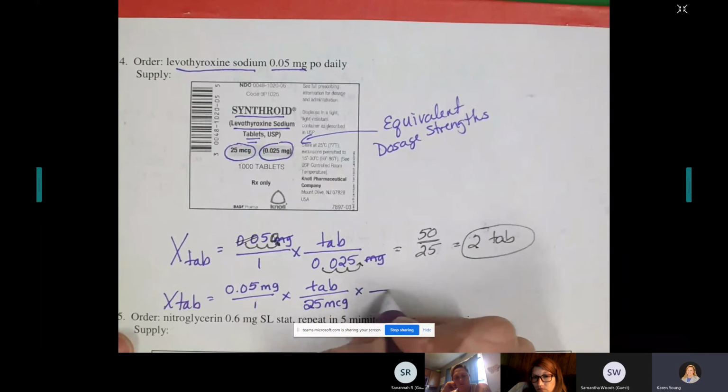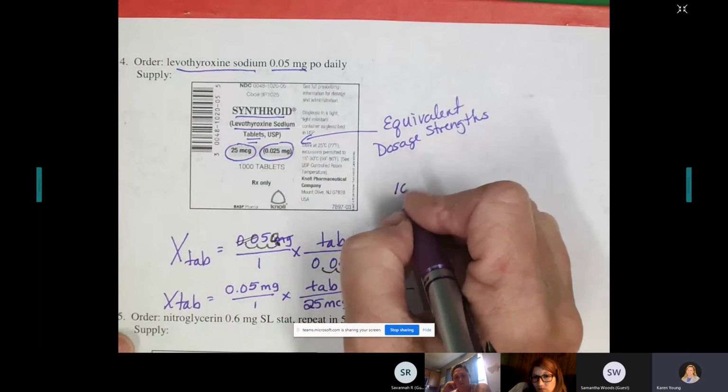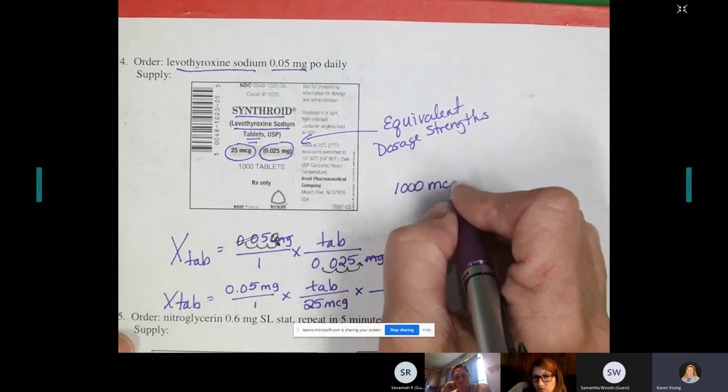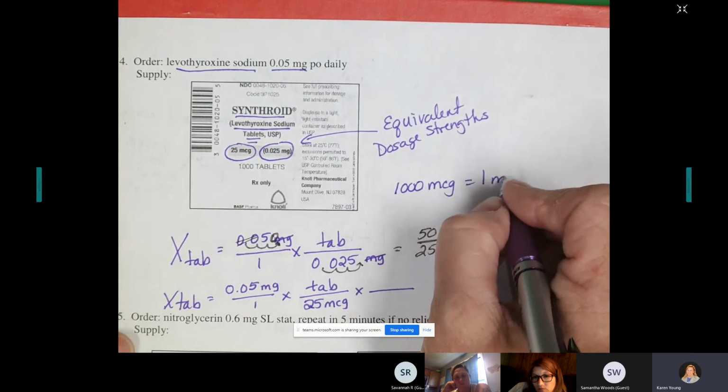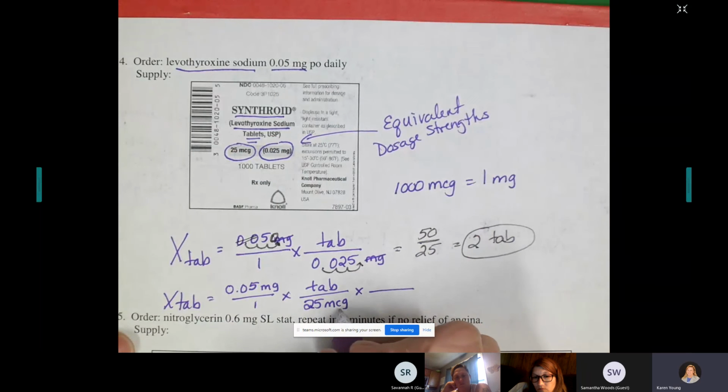The only problem is now I have to do a conversion. And we have to remember that 1,000 micrograms is equal to 1 milligram. Micrograms is on the bottom, so micrograms has to go on top. So my 1,000 would go on top, and my 1 milligram would go on bottom, because we want the units to cancel.